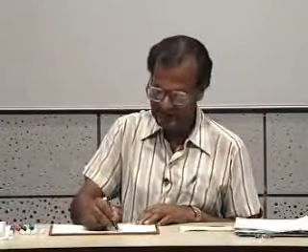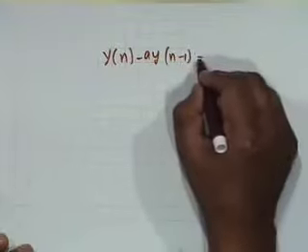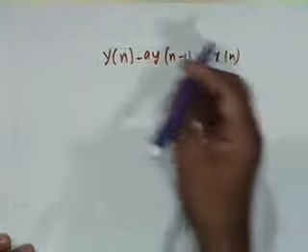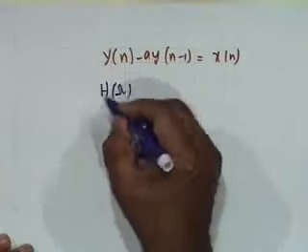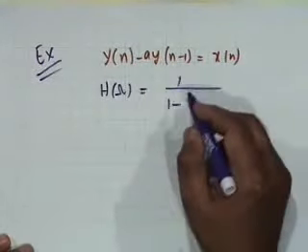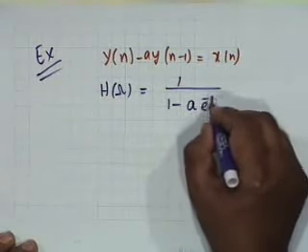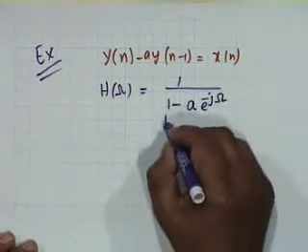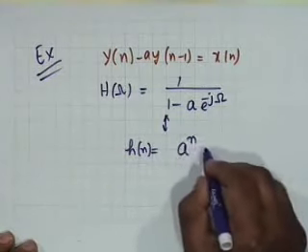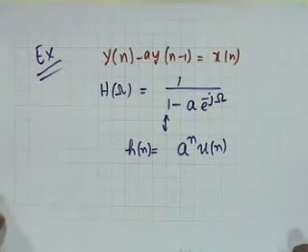The simplest example is y of n minus, let's say, a y of n minus 1 equal to x of n. This is the first order, a very simple example. And you know H of omega is equal to 1 by 1 minus a e to the minus j omega, you can write it by inspection, and you know what h of n is. h of n is equal to a to the n u of n. Agreed? The simplest example.